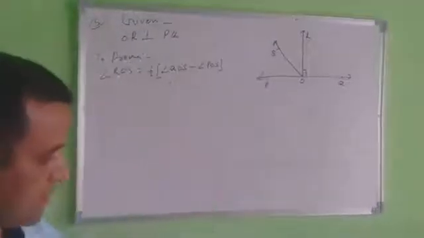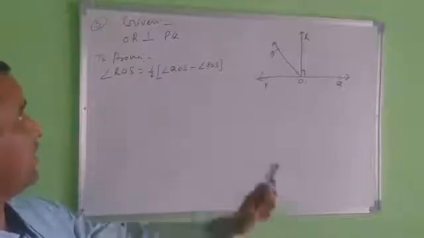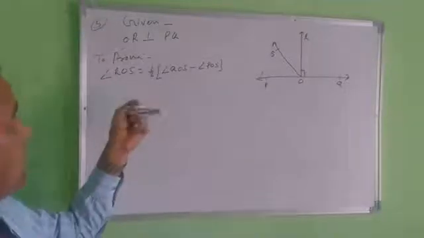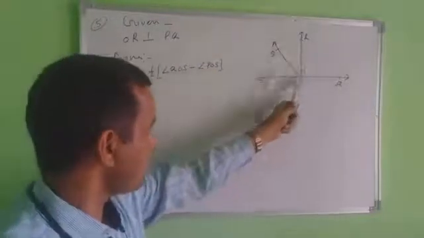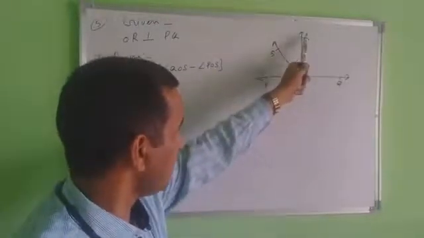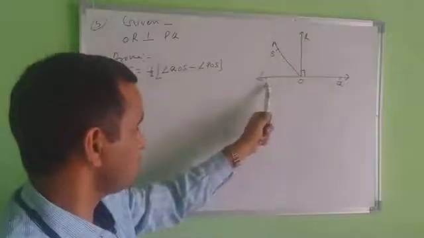So what things are given here? OR is perpendicular on PQ, which means angle ROQ is 90 and angle ROP is also 90.